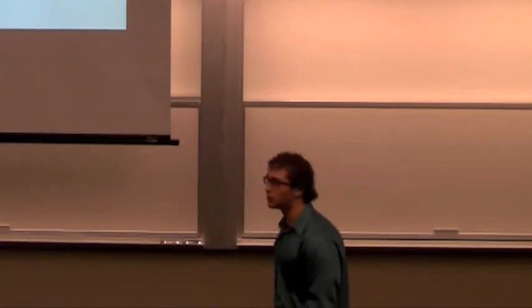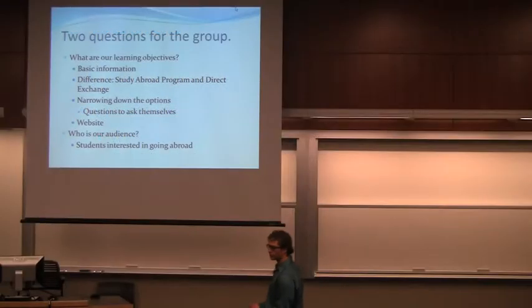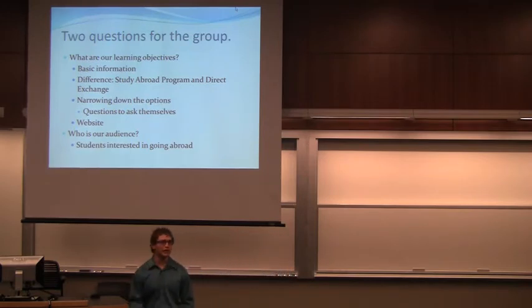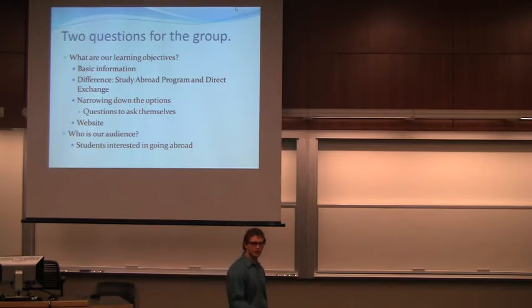For a student that doesn't know the differences or is just looking to get their feet wet and get started in the process, narrowing down the options will be an important process. A way to help students do that is to ask some key questions. Such questions may include things like, is there a language that you want to study?